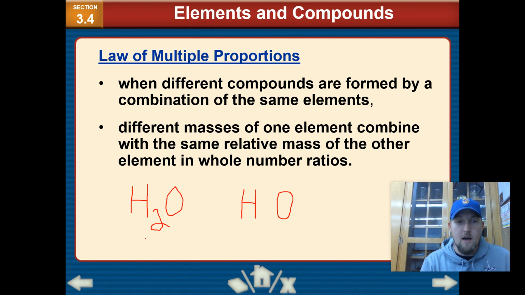This is a 2-to-1 ratio. This time it's going to be H2O2, and that gives us a 1-to-1 ratio. Now, these two things use the same elements, but they are very, very different.